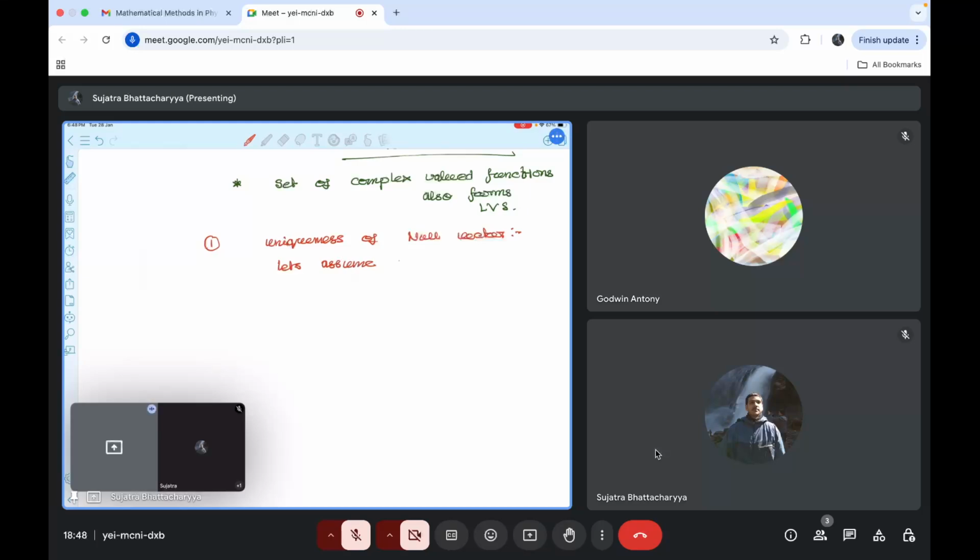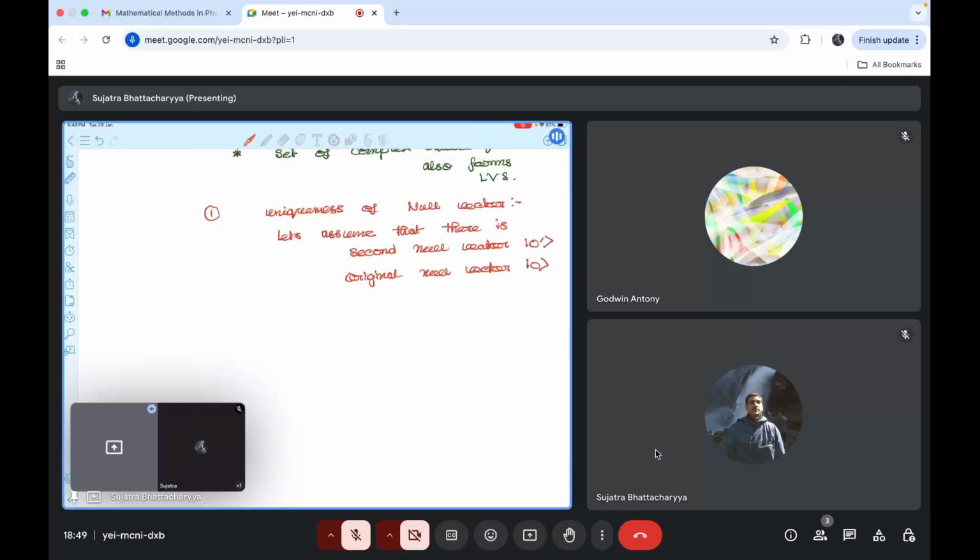Let's assume that there is a second null vector. Let us first assume the wrong part. The second null vector is nothing but zero dash, and the original null vector is zero, suppose.